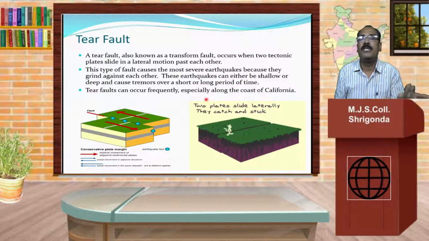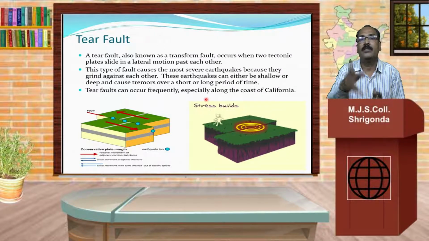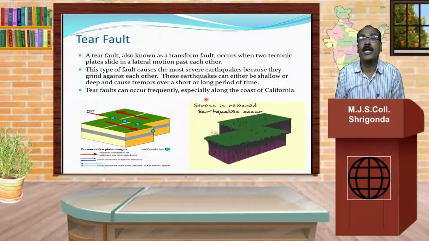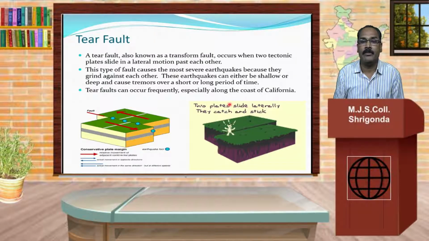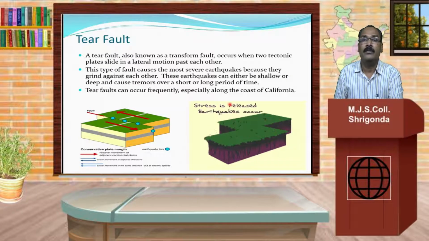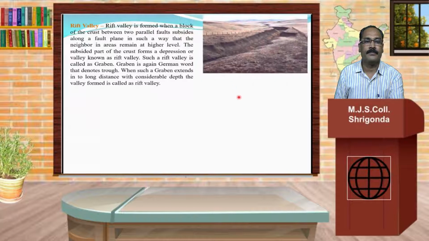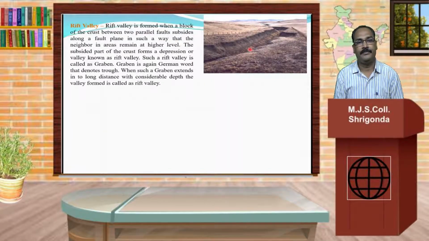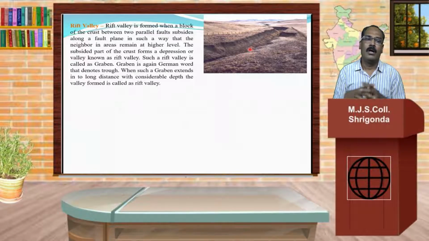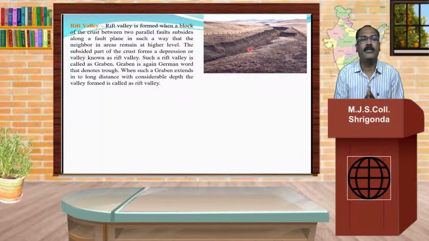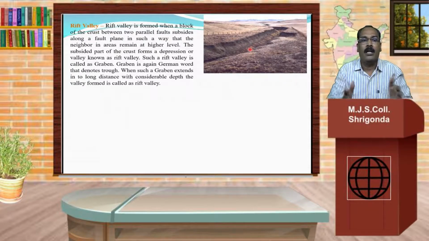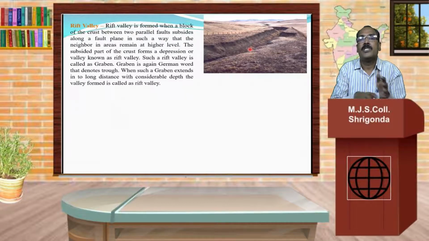Now, in previous slides we have seen the California lines, the coast of California faults. Now, Rift Valley. A rift valley is formed when a block of the crust between parallel faults subsides.